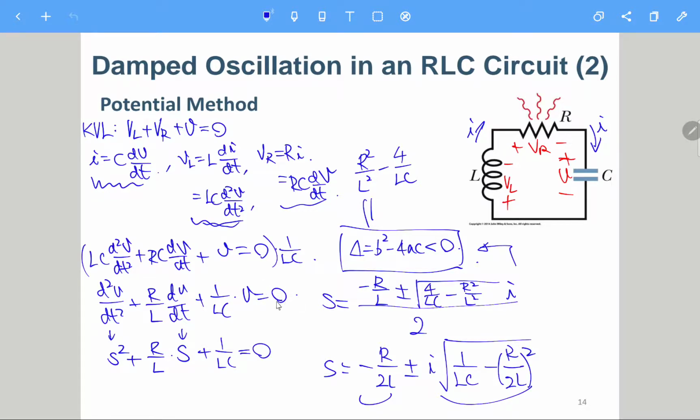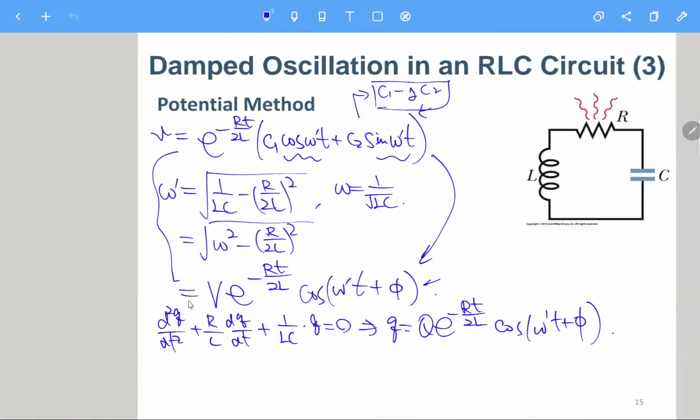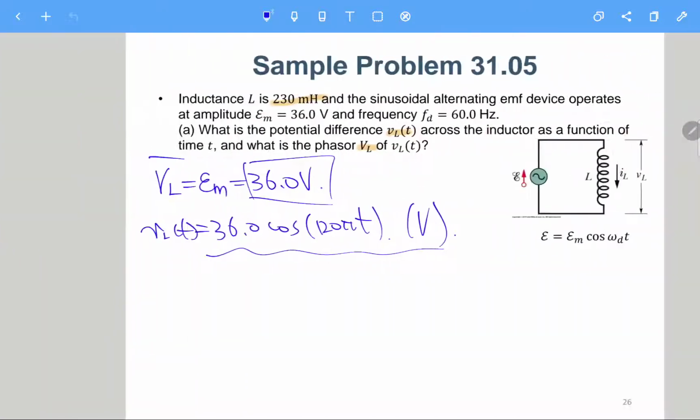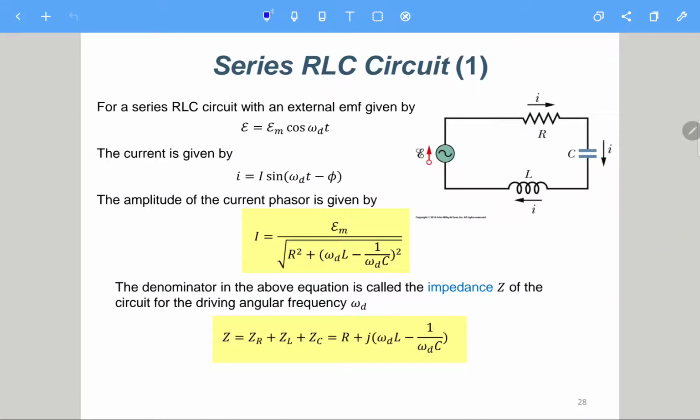So you need to solve for the particular solution for this equation to get the complete solution. But here, we make use of the phasor so that we don't necessarily need to solve the second order ODE. But actually, we can still do the same procedure.